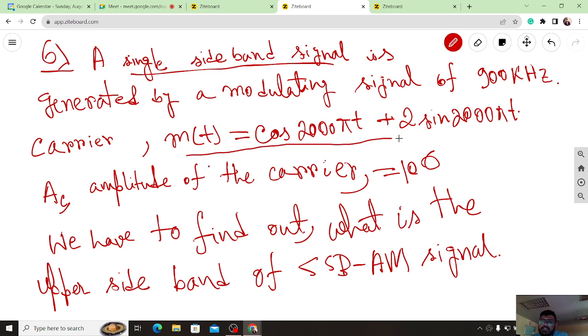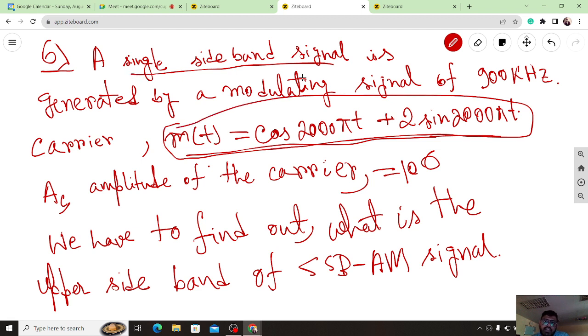So the single sideband is given by this. Basically this is the signal given here, and a single sideband signal can be generated by modulating signal with a 900 kHz carrier.